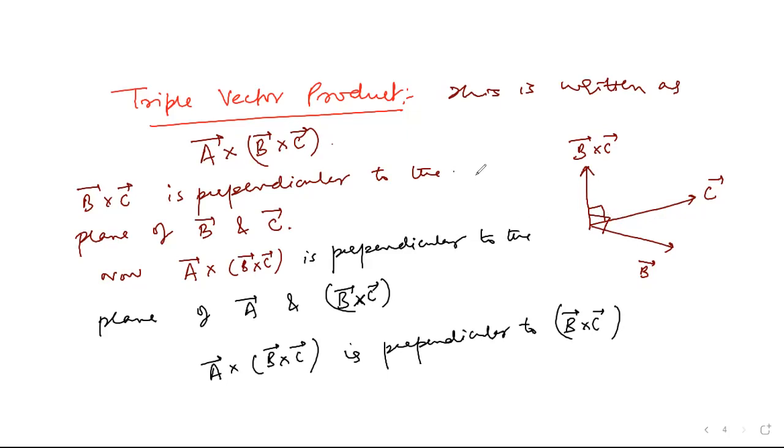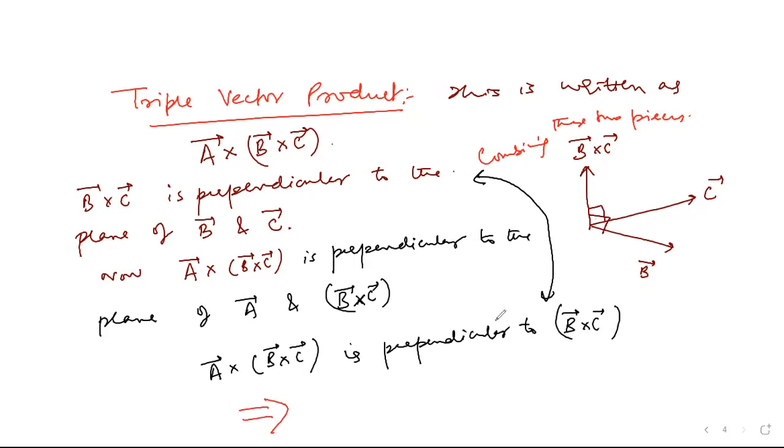So when we combine these two pieces, which pieces? B cross C is perpendicular to B and C, and A cross B cross C is perpendicular to B cross C. That means, what is the conclusion?